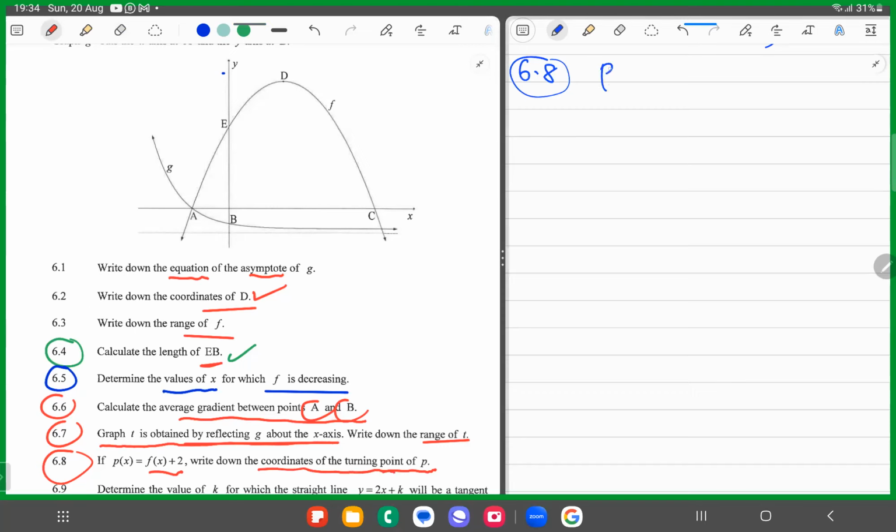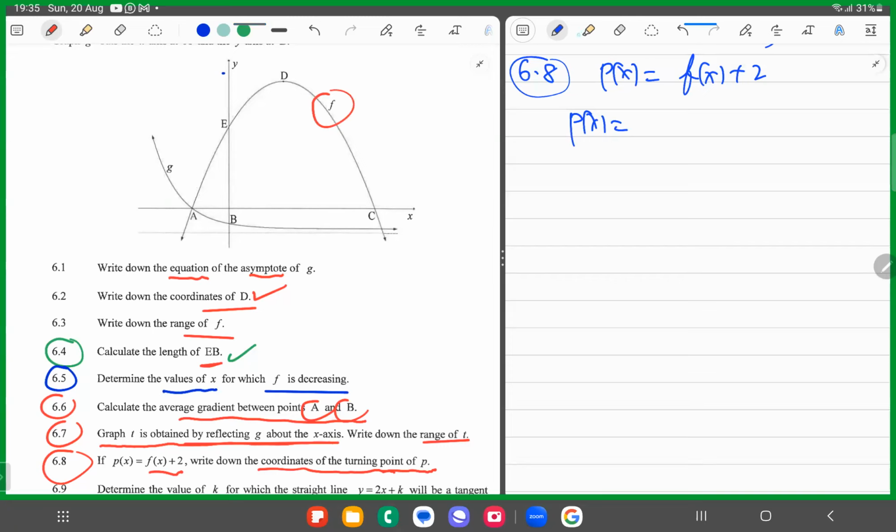So in 6.8, you realize that P of X is the function f plus 2. What is the function f? The function f is the parabola. And then you're adding 2 to it.